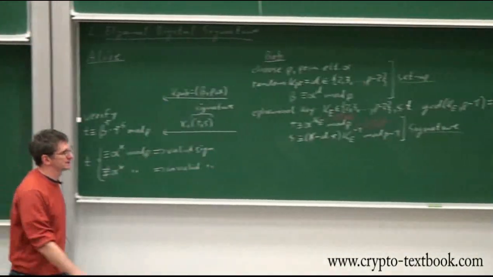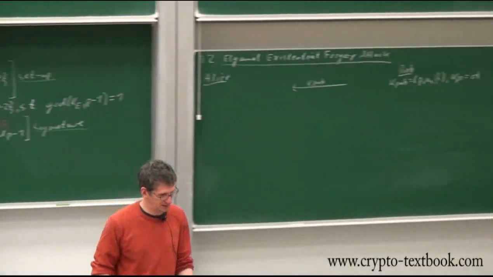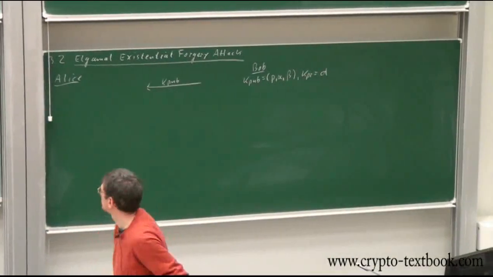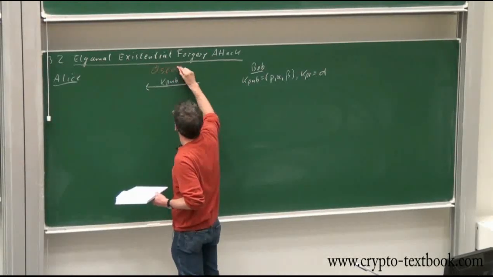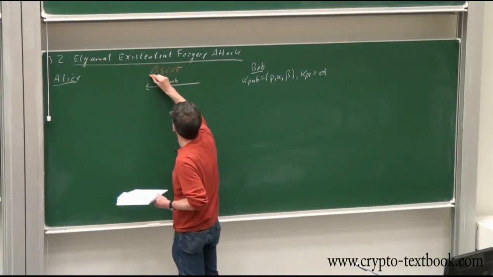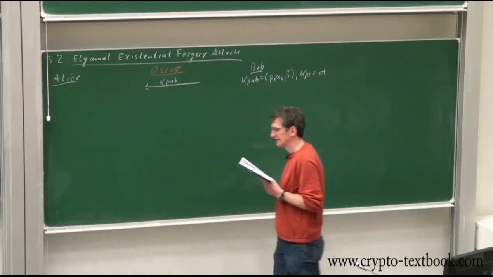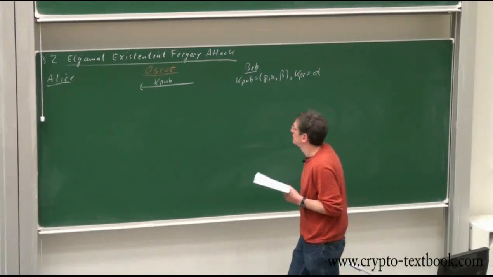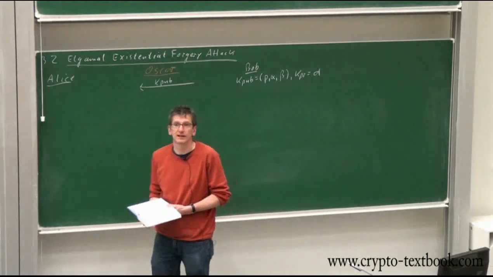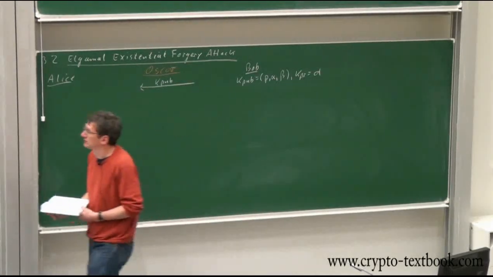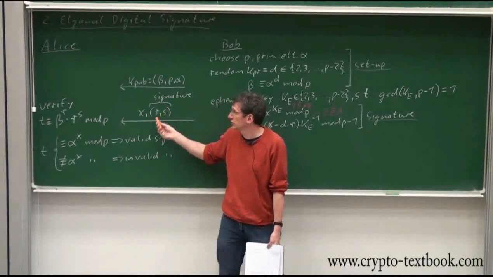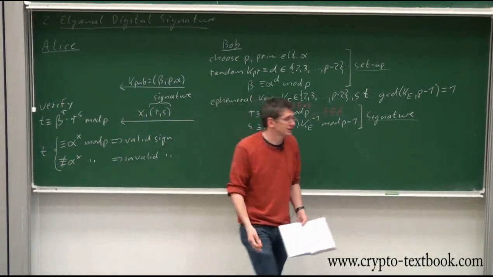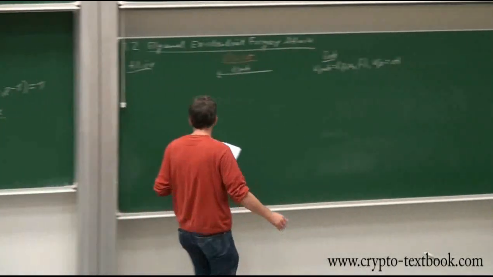So now we introduce the third party, the bad guy Oscar. Oscar's goal is again to generate a valid pair x with a signature so that the signature checks out for Alice.